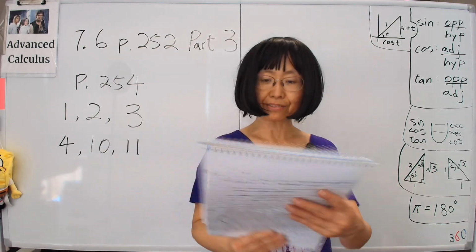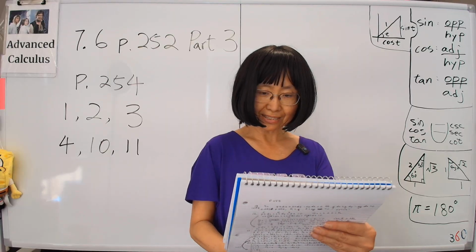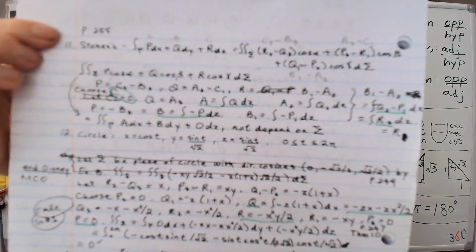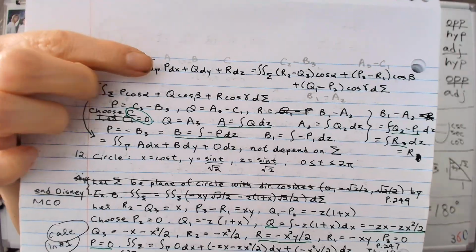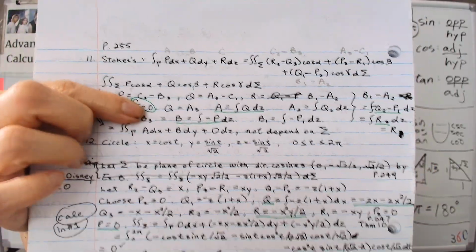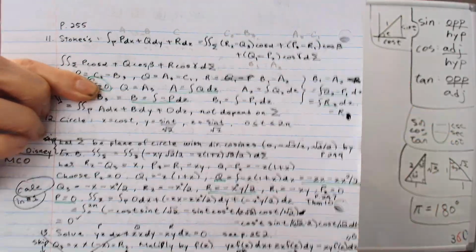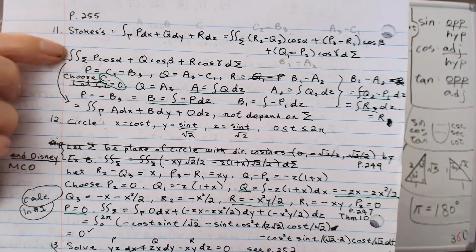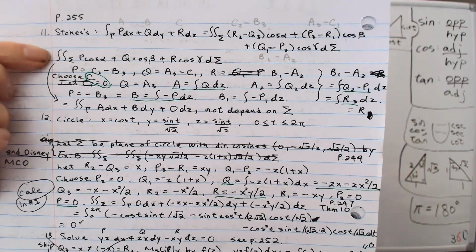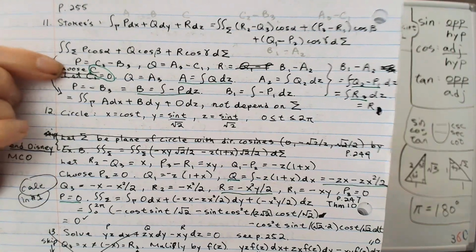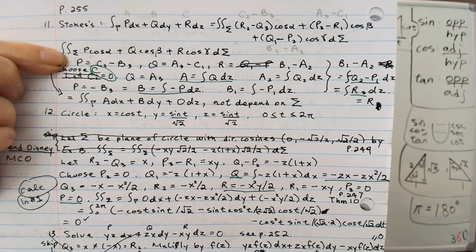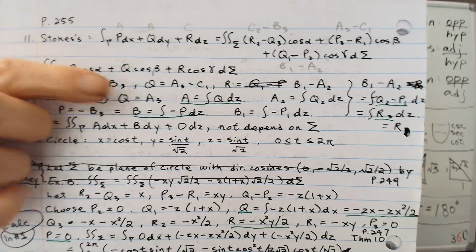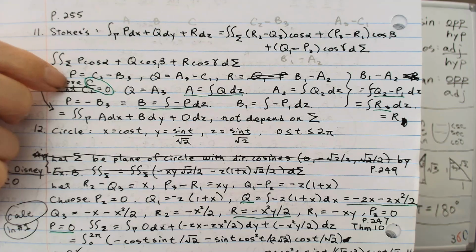To make this thing come out, the book actually gave us a hint, which is good. To use Stokes' theorem, we have the first 3 things, and then it equals this, and these things have to work out in such a way that this double integral over sigma works out such that P has to equal C2 minus B3, and Q equals A3.